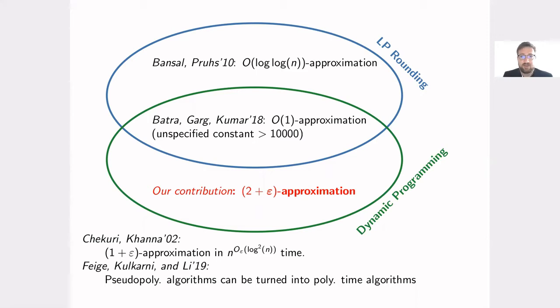And another result is by Feige, Kulkarni, and Li, who gave a very important reduction, which allows you to turn any algorithm with pseudo-polynomial running time, so the running time depends on the numbers in the input in a polynomial way, into algorithms that are truly polynomial.